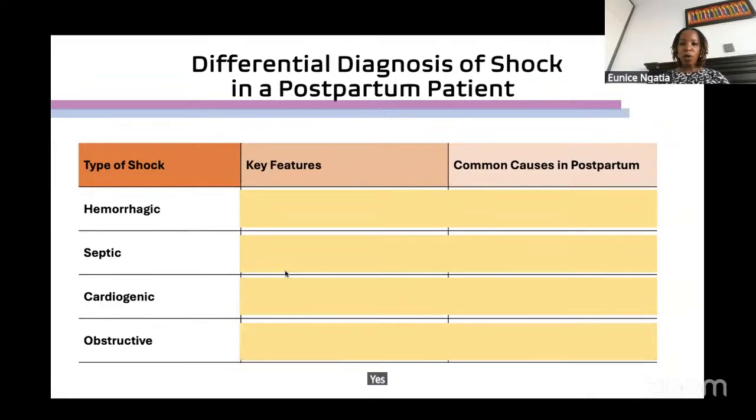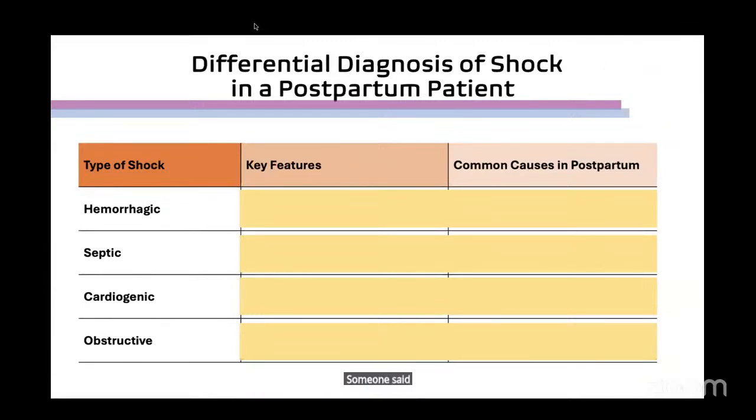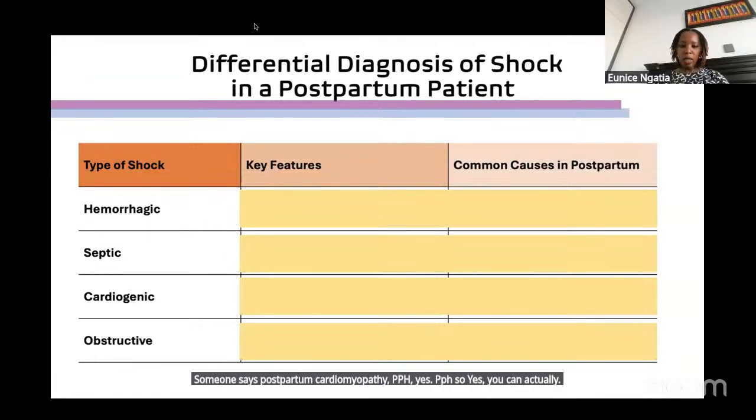What is the cause of hemorrhagic shock in a postpartum patient? Someone says postpartum cardiomyopathy, PPH, yes, PPH. Someone said uterine atony. That's good. That's a good answer. Yes, uterine atony, retained placenta, true.